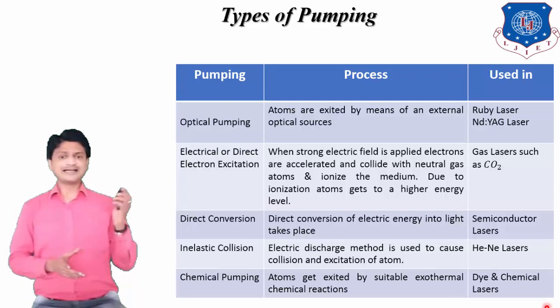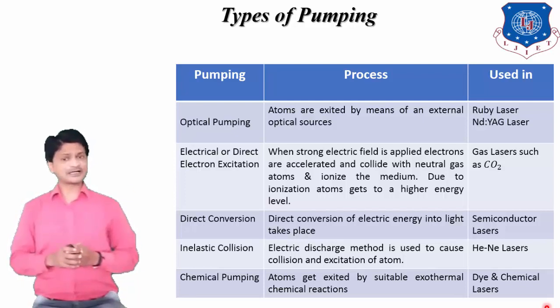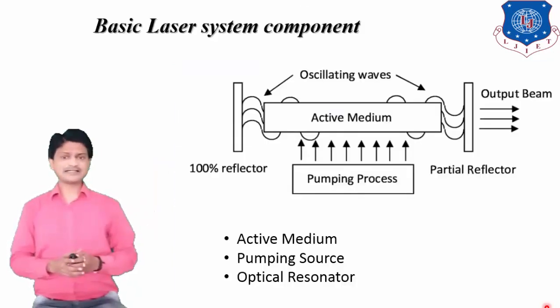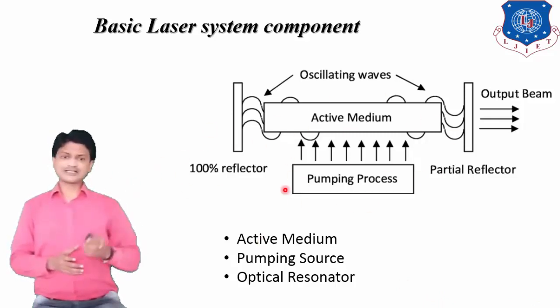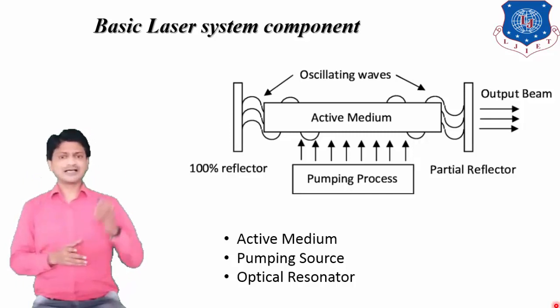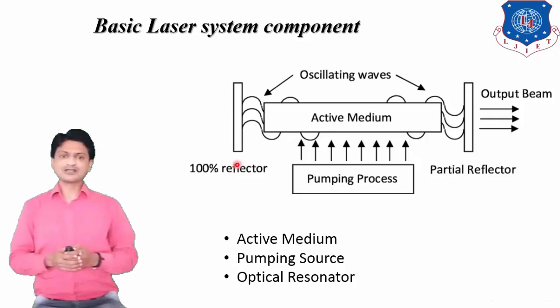Now let's discuss the basic components of the laser system. Here you can see in the figure, there is a reflector, active medium, pumping process and partial reflector. The optical resonator is nothing but the pair of those two reflectors. One is a partial reflector and the other is a perfect reflector. Here is the pumping source.